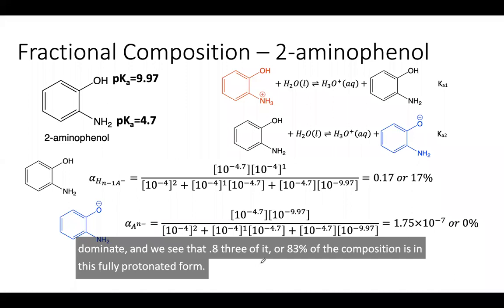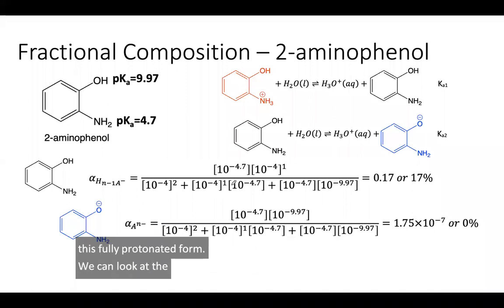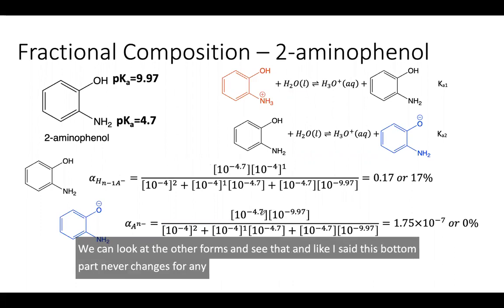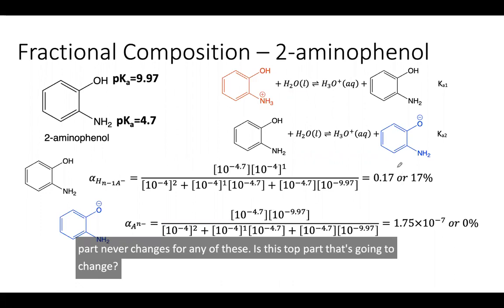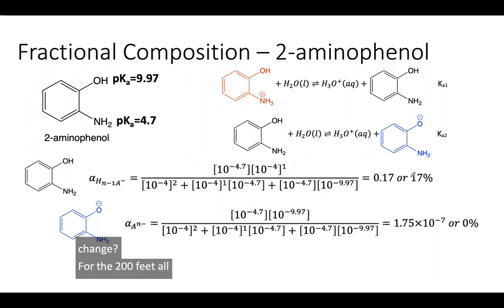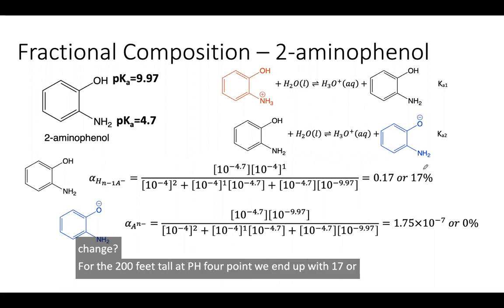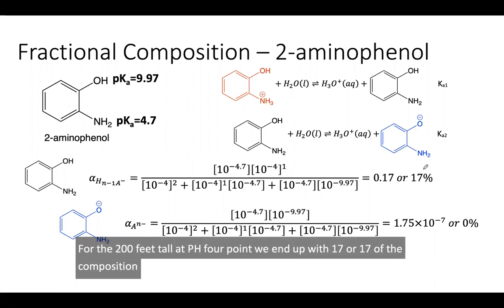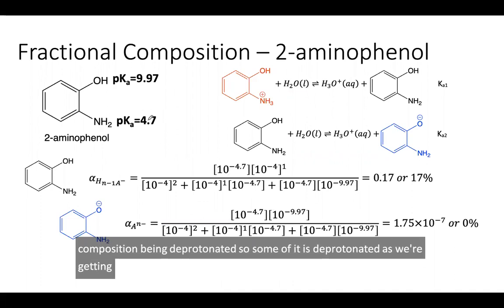We can look at the other forms, and like I said, this bottom part never changes for any of these. It's this top part that's going to change. For the 2-aminophenol, at pH 4.0, we end up with 0.17 or 17% of the composition being deprotonated. So some of it is deprotonated as we're getting closer to that pKa value.